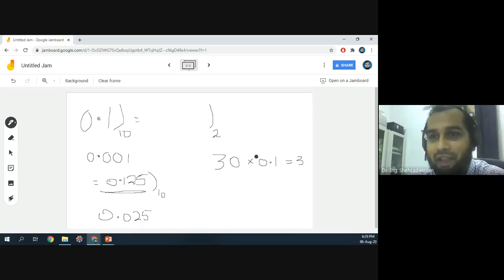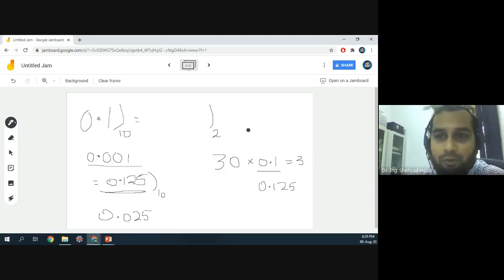Yeah, I need answers from you. So I need an answer like 3. But if I'm storing this number as 0.125, what am I going to be expecting here? So that won't be 3. If I multiply this number with the one which I have stored over here, it is not going to give me 3, right? So this means that 0.1 cannot be stored in this way.